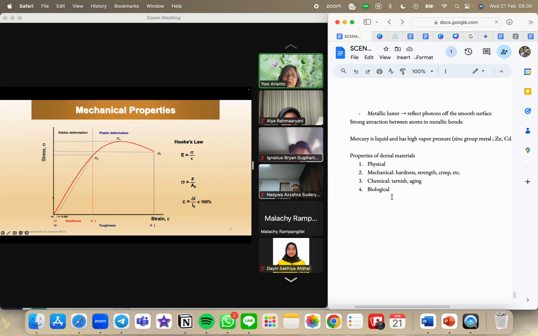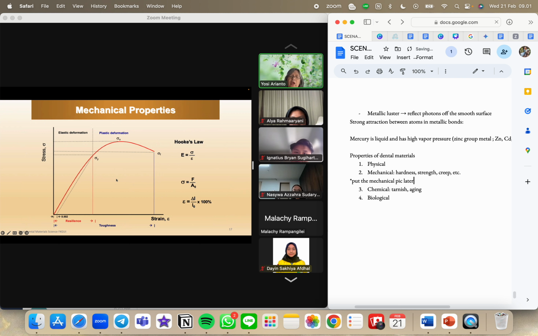So this diagram can give information. There is the condition here, where there is the elastic deformation, and this one is plastic deformation.